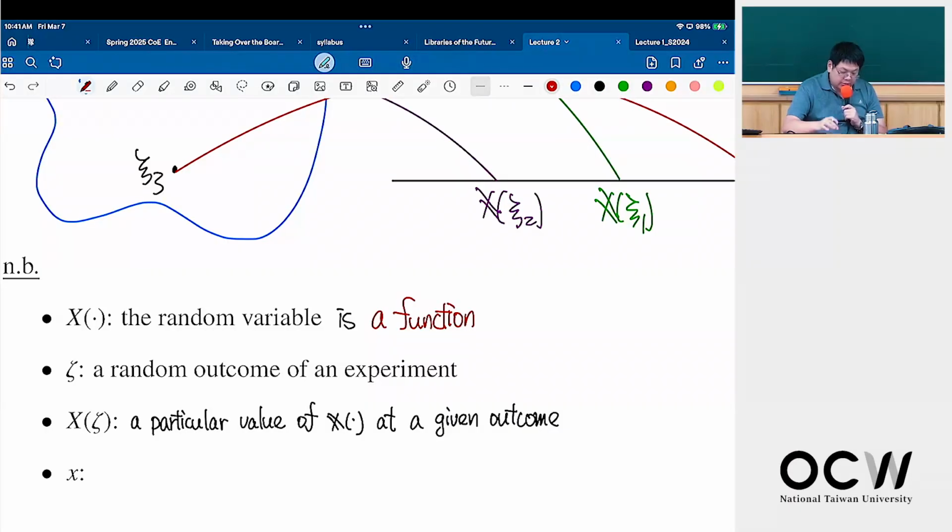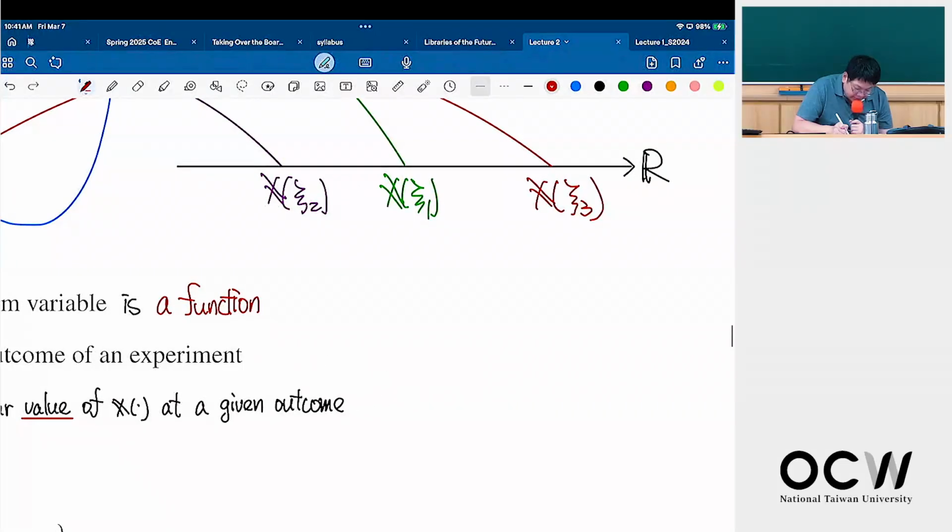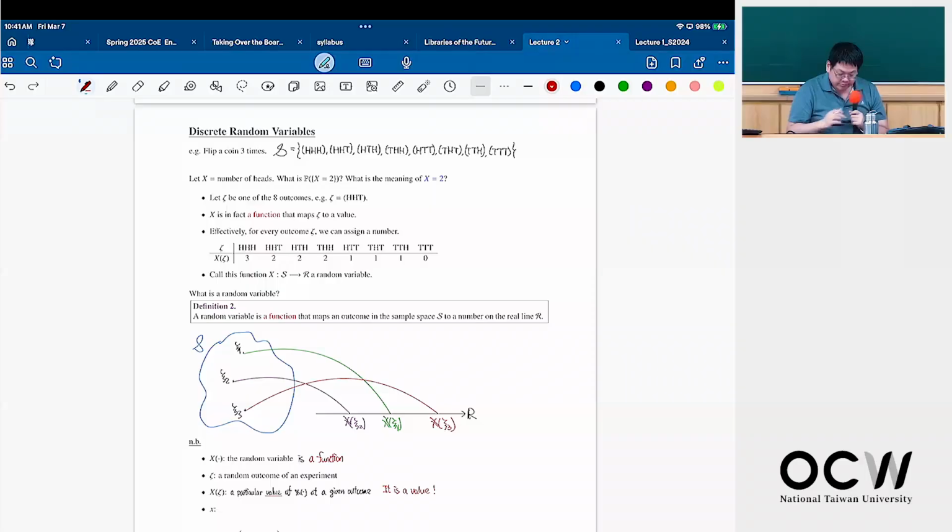So here you can see a particular value. So it is a value. The value is either like 3, 2, or 1 for flipping a coin 3 times.